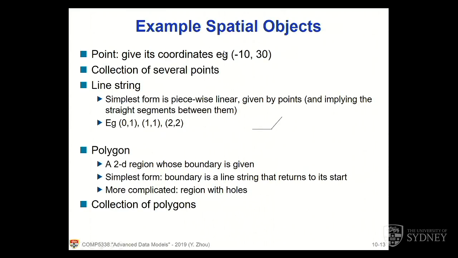So for example, a point: we define a point by giving coordinates. If it's in 2D space, the coordinate has 2 values. If it's in 3D, there will be 3 values. And then we can have a collection of several points, or we have the line string.